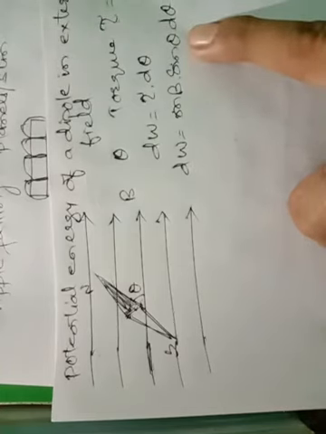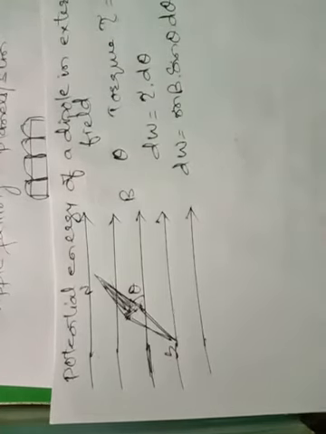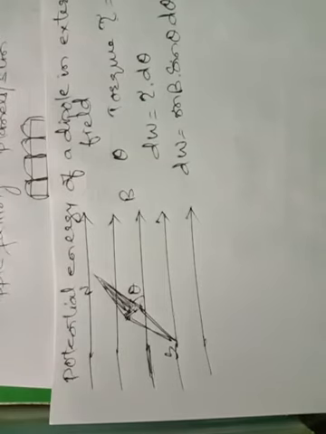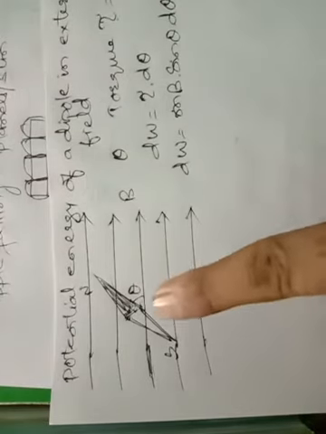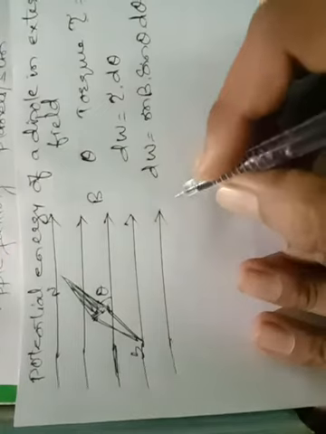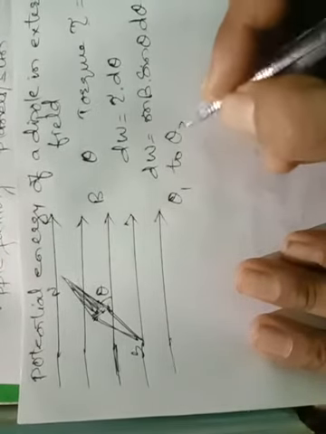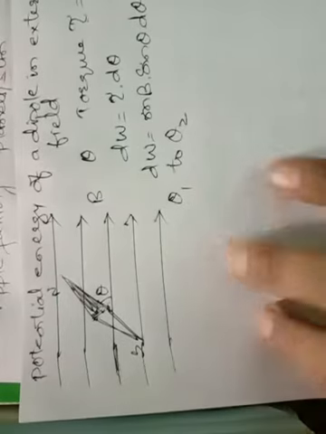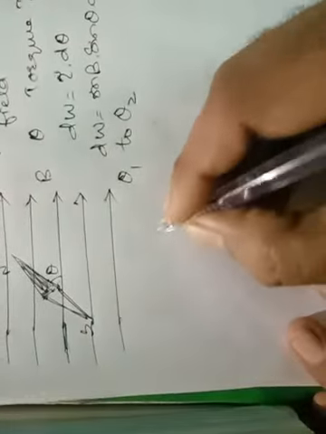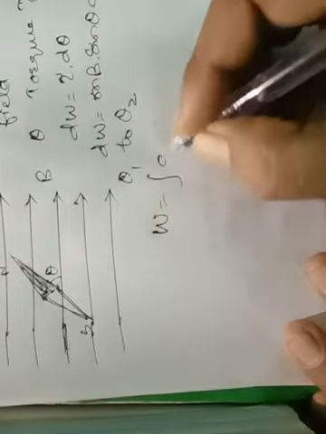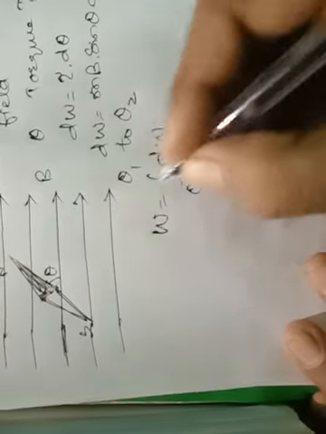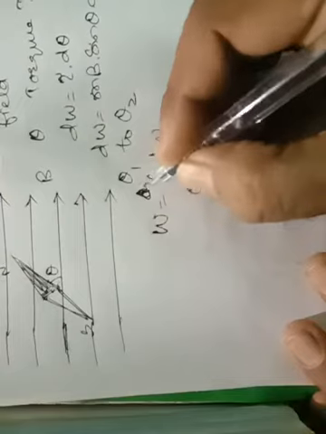Now if we consider the work done to rotate the needle from theta 1 to theta 2, the lower limit is theta 1 and the upper limit is theta 2. So the total work done W will become the integral of dW from theta 1 to theta 2.